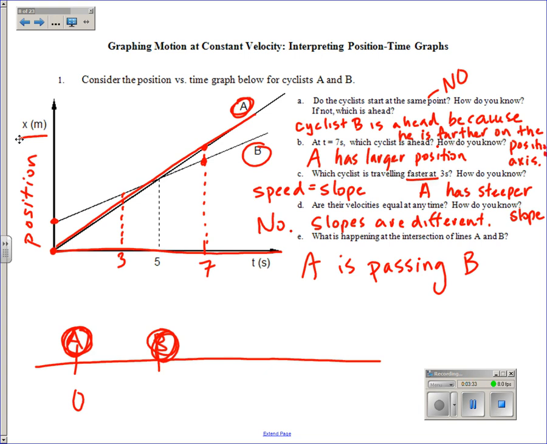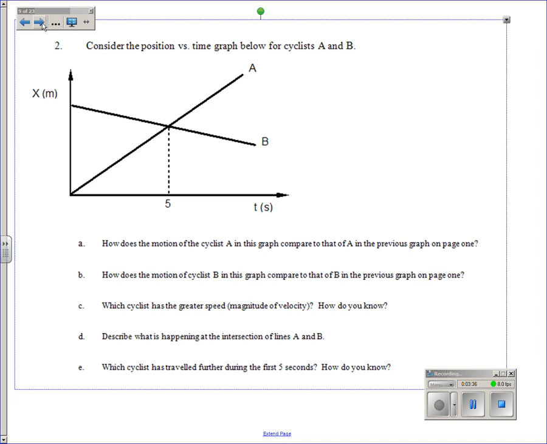Let's keep going. Let's look at another question. Consider the position time graph below for cyclists A and B. Question A, how does the motion of cyclist A in this graph compare to that of A in the previous graph on page 1?